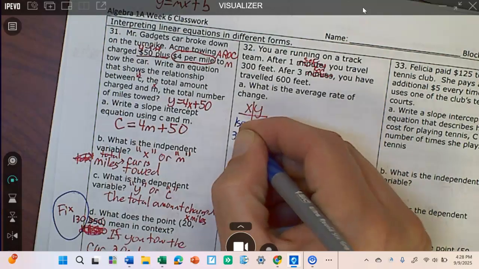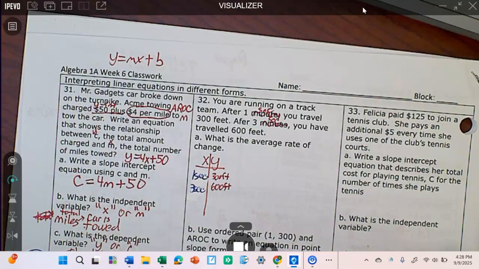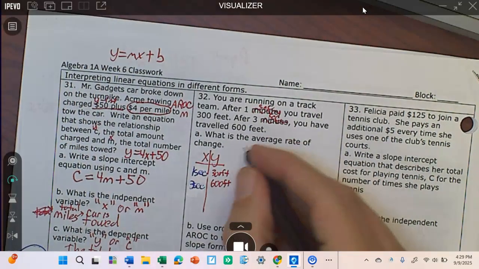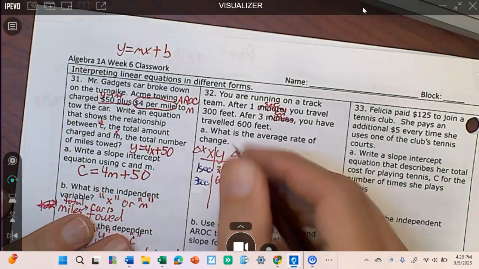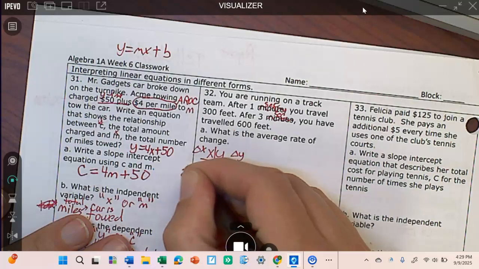Yeah, if you travel 300 feet in 2 minutes, yeah, right. That's pretty slow. Okay, so here we go. Change in Y, change in X, went up 300 in 2 seconds.